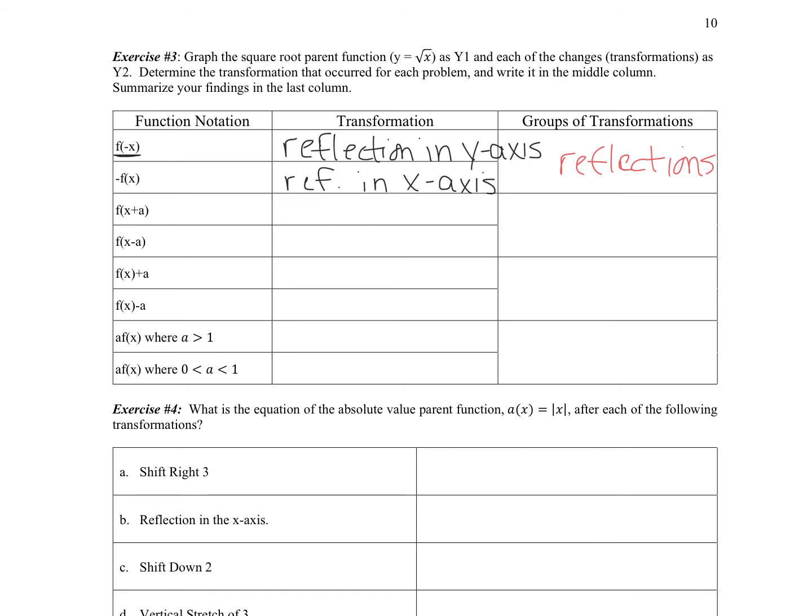The next two ones are our horizontal shifts, right? If we change the x value by adding or subtracting. Now they work a little bit opposite of what we think. So this is left, right? When it's plus, it's left. Remember, factors, opposite of the sign. For the root, left, a units.